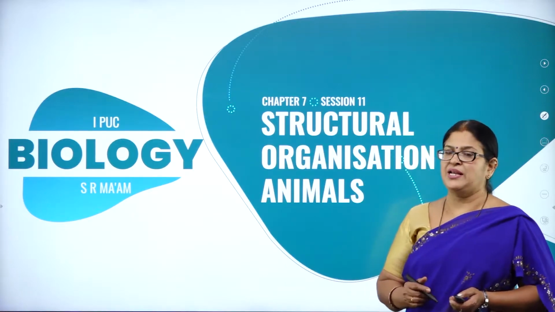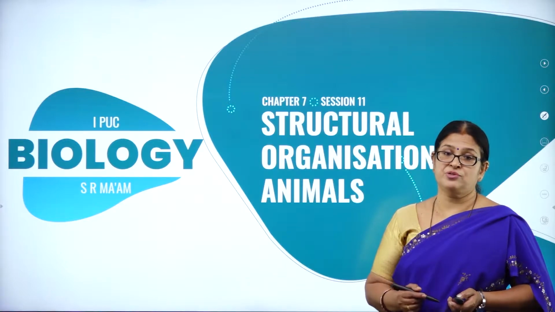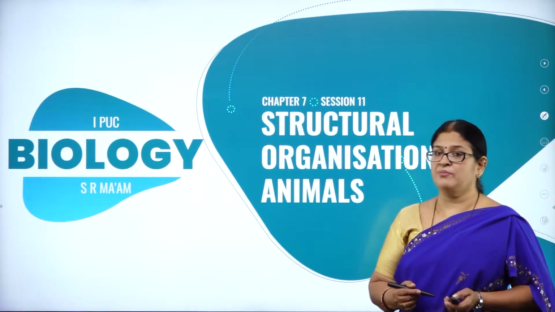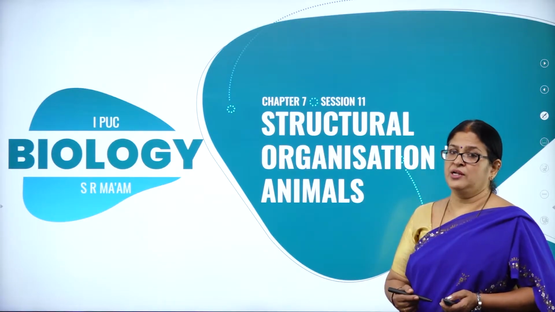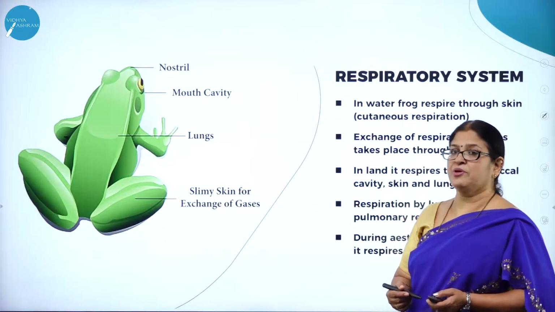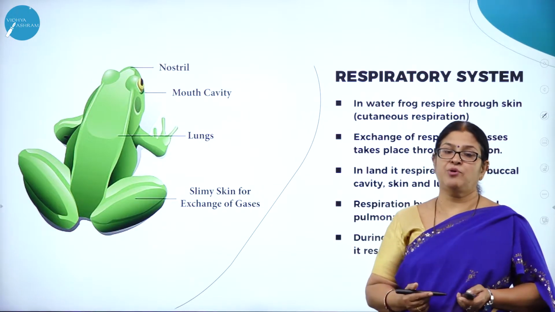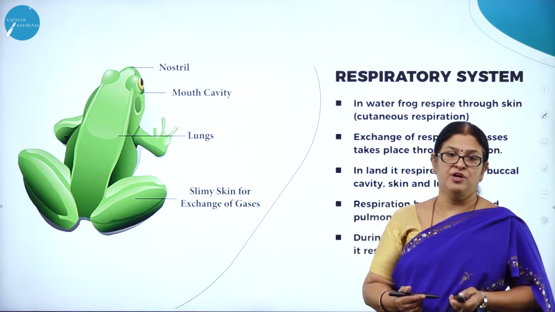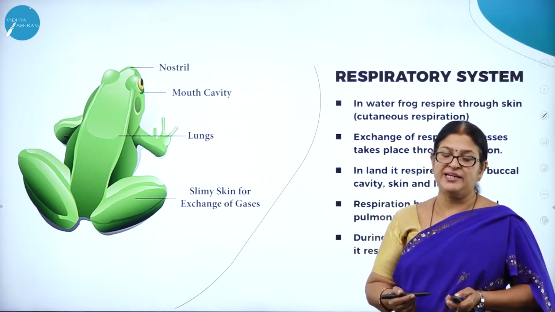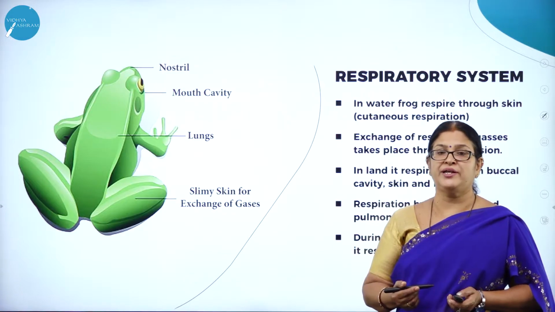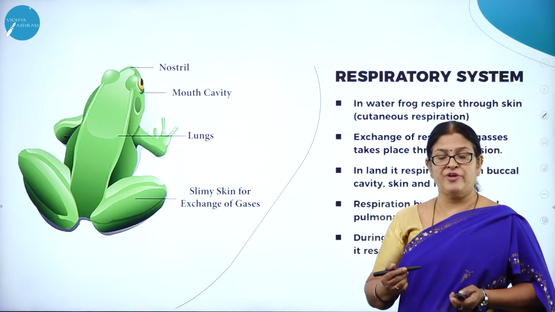Hope you remember, in my last session we started off with the type study of frog. All of us know this frog is a very common amphibian that is found around us, and we all know that frog is an amphibian because it can live both on land and water. We also studied the morphological features of frog, where it has tympanum and nictitating membrane, and the whole body is divided into head and trunk, with forelimbs and hind limbs with webbed feet.